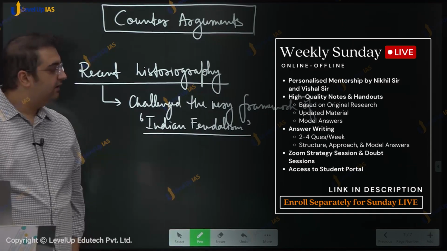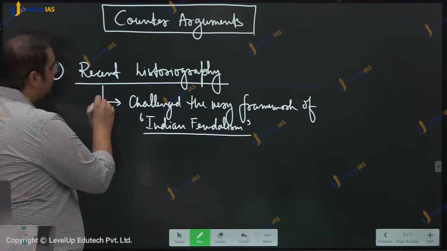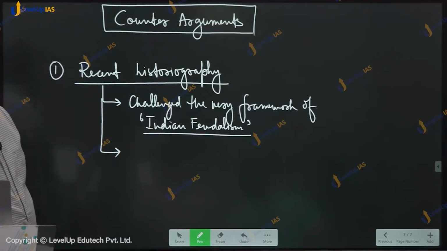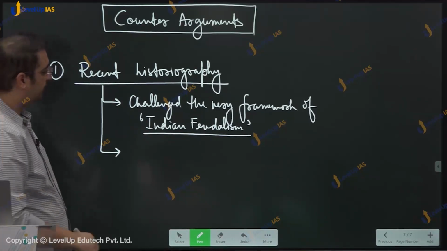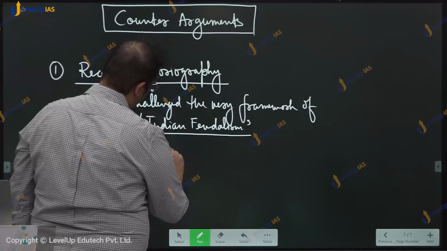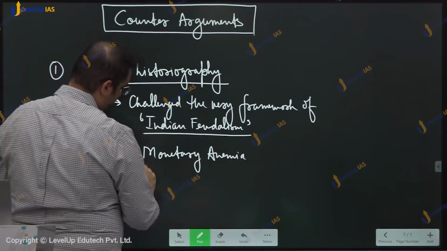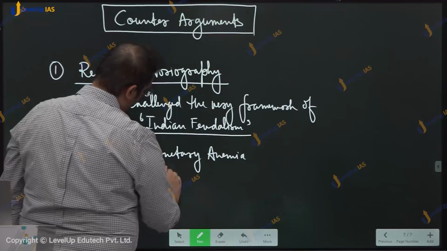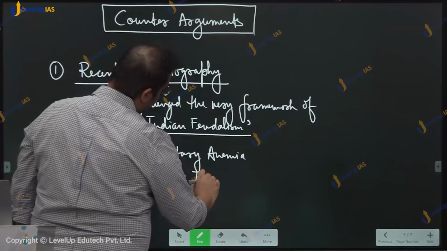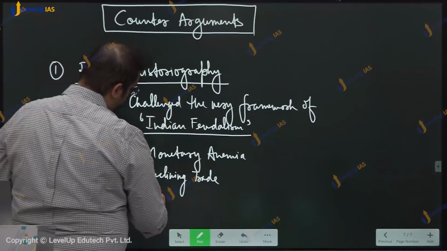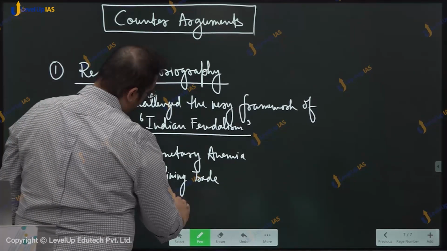ठीक है? Sub point, historians such as B.D. Chattopadhyay have raised serious doubts on the phenomena of monetary anemia, declining trade, and the Kali Age crisis.